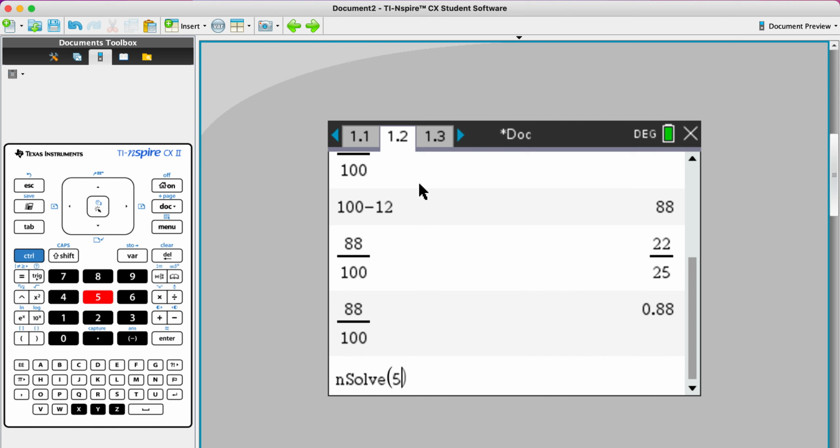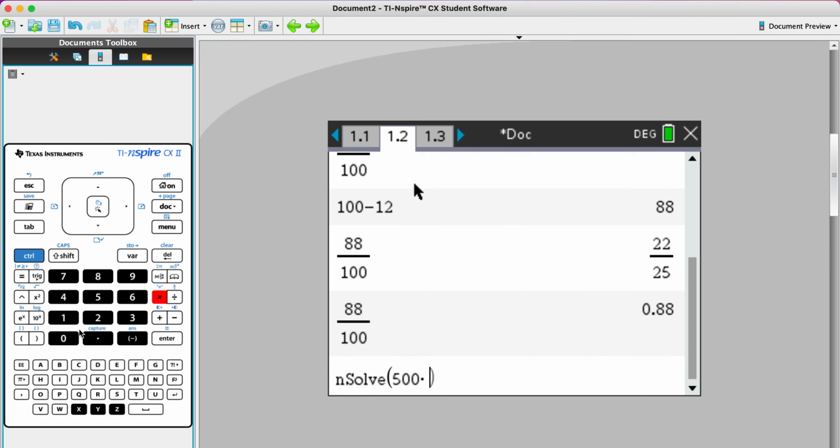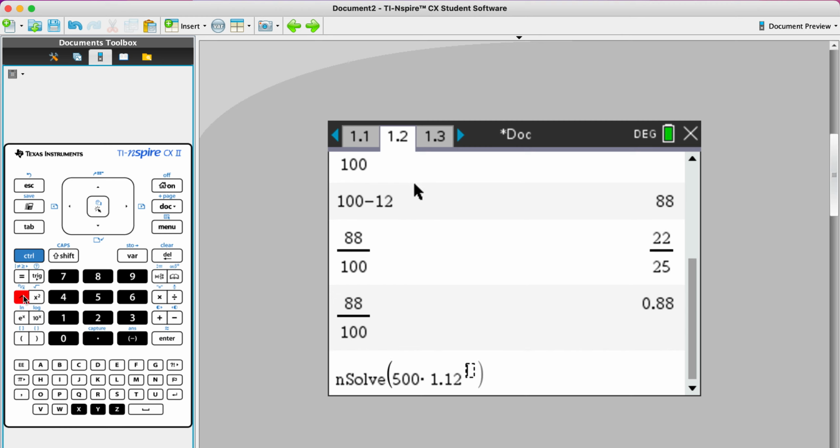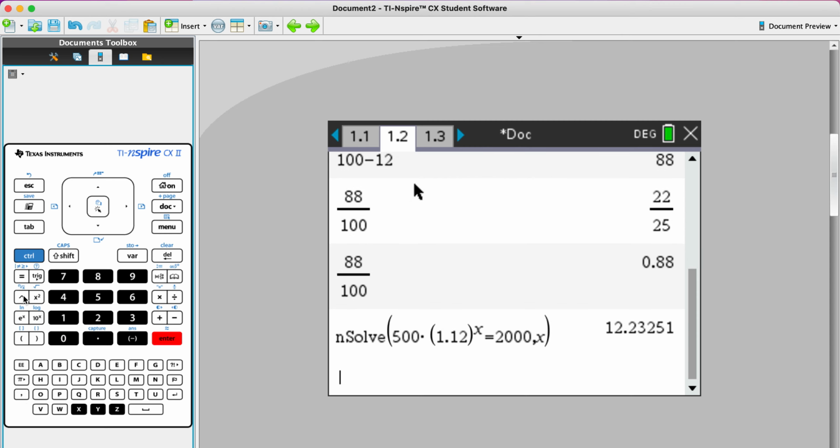So we can put 500 multiply with 1.12, and we don't know when it is. It will be x we're looking for, but it must be equal to 2000. Okay, and then don't forget to put comma and then x, and this is our x, 12.23 or 12.2. That will be the number of weeks.